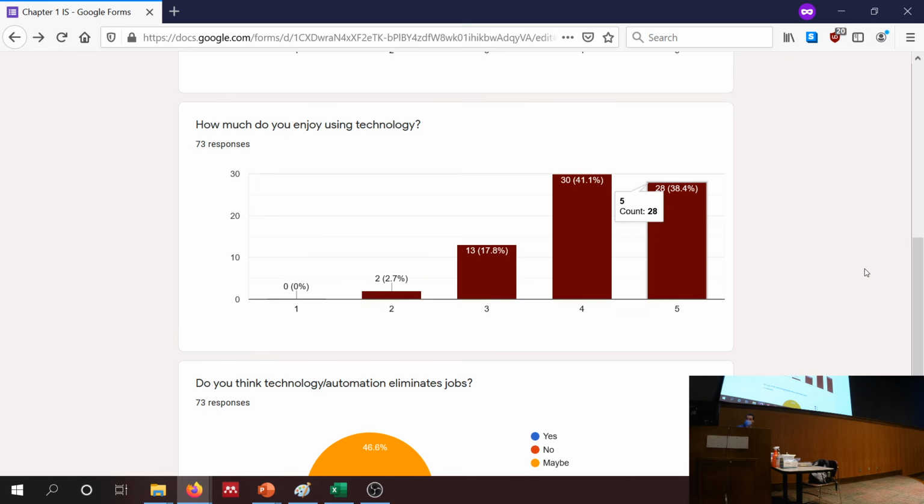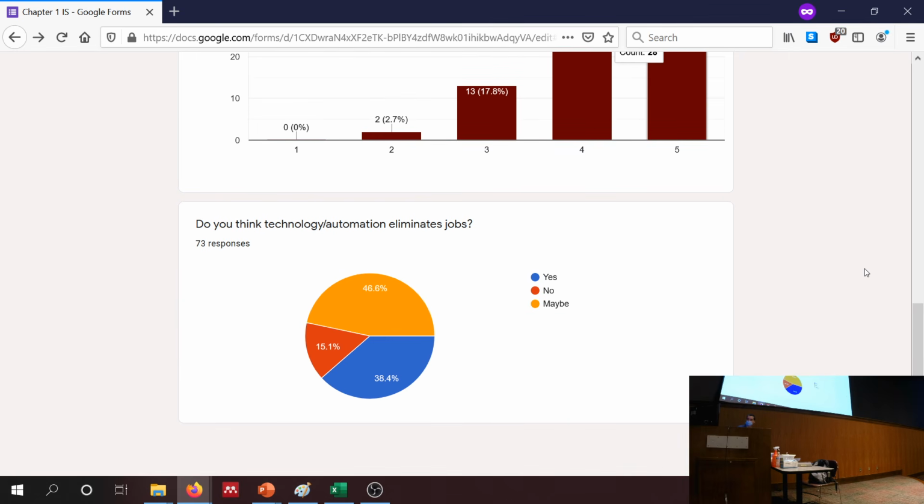That's kind of interesting. Looks like we're kind of split on whether or not technology will eliminate jobs. Looks like the plurality here is going to be maybe, second place being yes, and then third place being no. So again, that's a question that I'm not necessarily here to answer. But there are certainly going to be multiple sides of the argument.